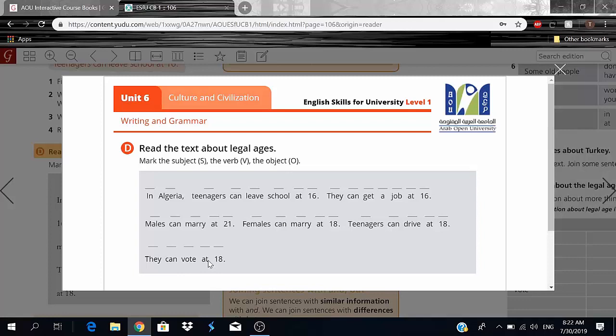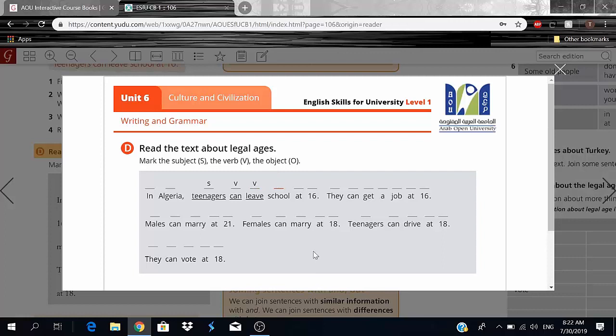So let's start now. So we have in Algeria, this is nothing. Teenagers can leave school at 16. Obviously, teenagers will be the subject. Okay, can and leave will both be verb. Okay, and school will be the object, right?